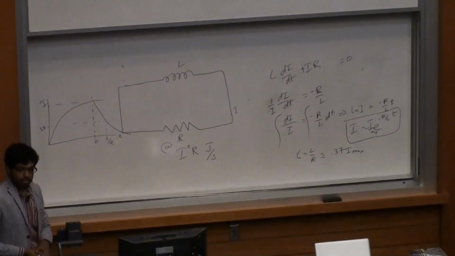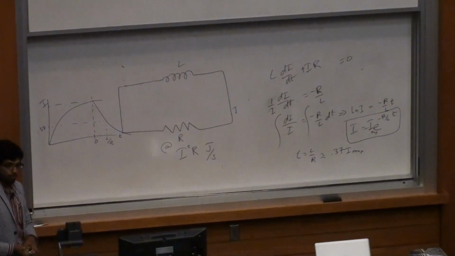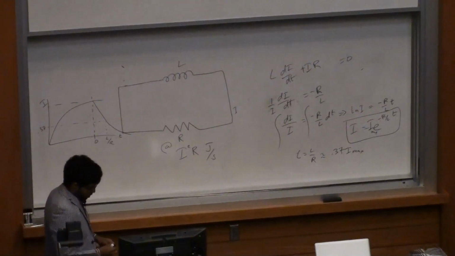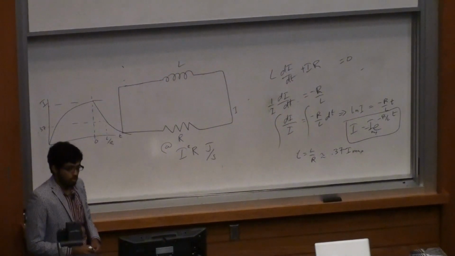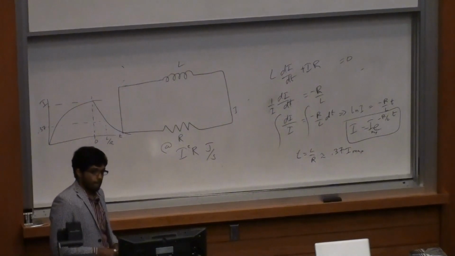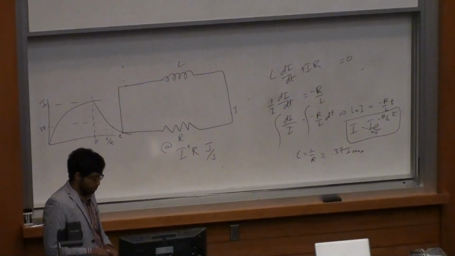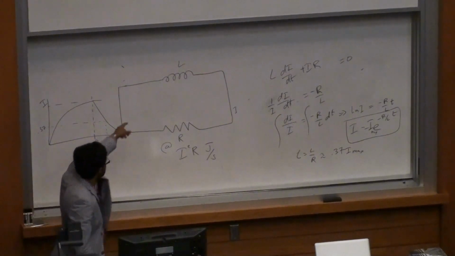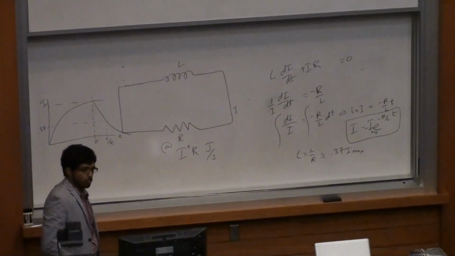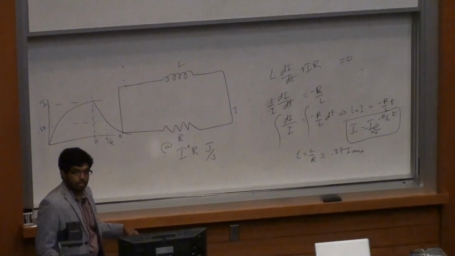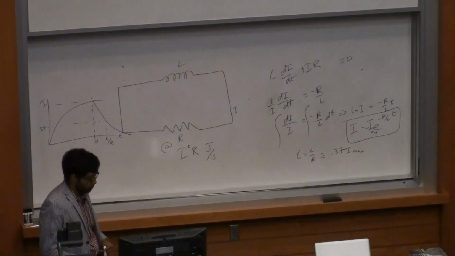So where does the energy for this come from? Not just for the heat, but for the current to stay in place. Exactly, it comes from the magnetic field that is present in the solenoid, which is basically what I'm calling the inductor here. So there's a magnetic field there, and the energy is present in that magnetic field.